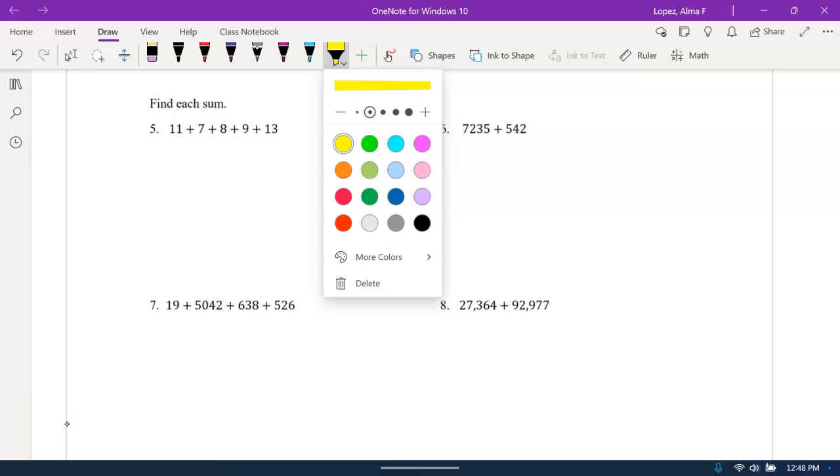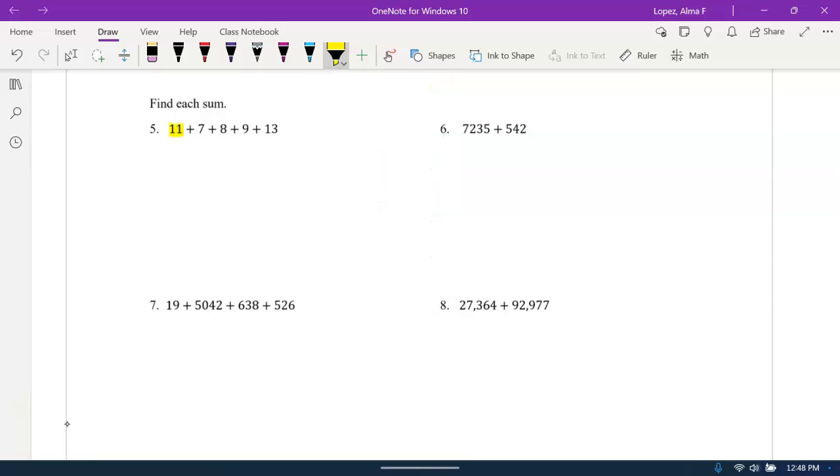I'm going to group the 11 and 7, the 8 and the 9, and get a 3-number sum to work with. 11 plus 7 is 18. 8 plus 9 is 17. And then bring down the plus 13.